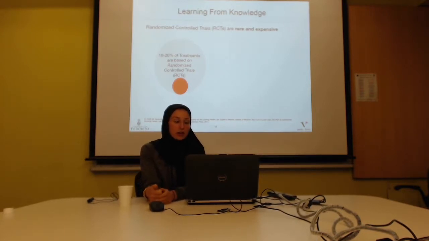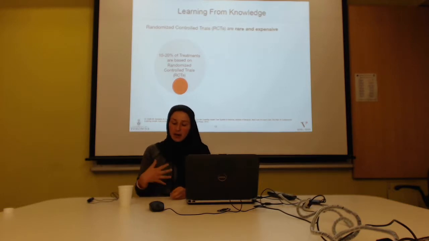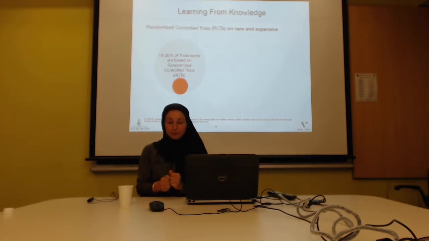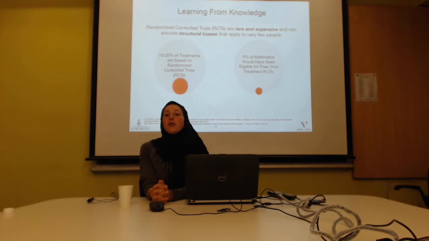They're very challenging. But what's even worse in my mind is what happens when you do run a randomized controlled trial. If you take a common condition like asthma, and you look at the population that was selected for the randomized controlled trial, it turns out 94% of asthmatics who are being treated now would have been in the exclusion criteria for that trial.